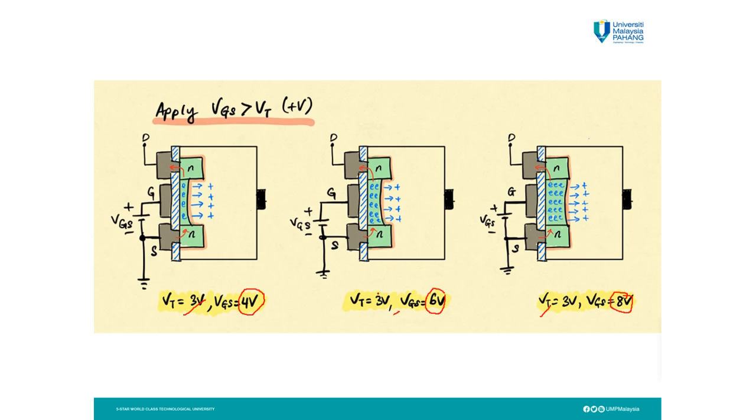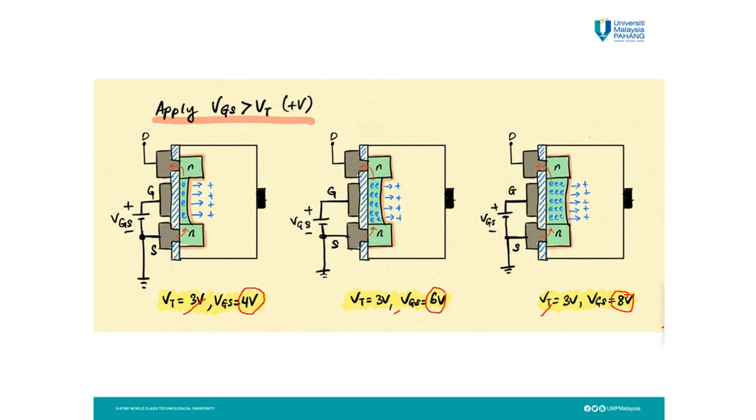Okay, we can see what happened to the channel. Because we know that when VGS equals 0, there is definitely no channel. But when we increase from 1, 2 and 3, the channel is still 0, no channel, until we exceed the VT level, then the channel is created, like diagram number 1.